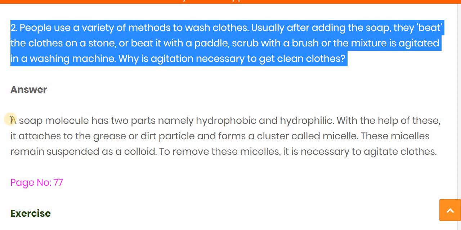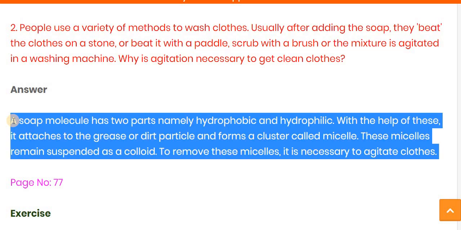So the answer is: a soap molecule has two parts, as we know, one is a hydrophobic region and the other is a hydrophilic region. With the help of these, it attaches to the grease or dirt particles and forms a cluster. This cluster is called the micelle. This micelle remains suspended as a colloid, and to remove this micelle, it is necessary to agitate the clothes.